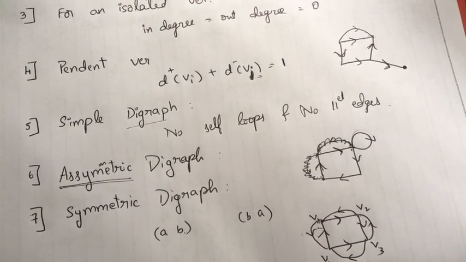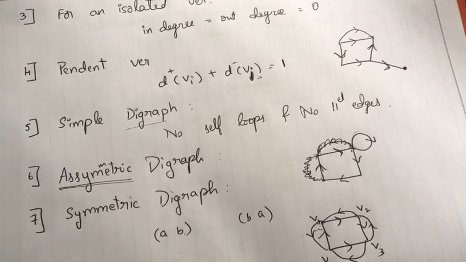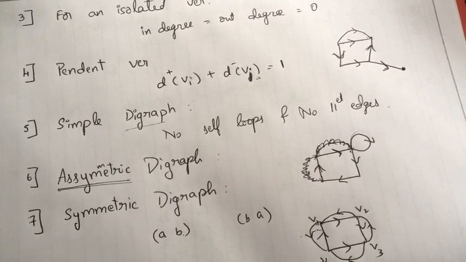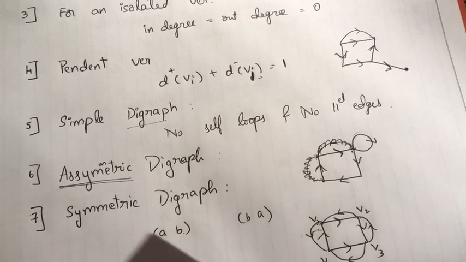Let us look into one more type of digraph, that is the complete digraph. A complete undirected graph is defined as a simple graph in which every vertex is joined to every other vertex by exactly one edge.